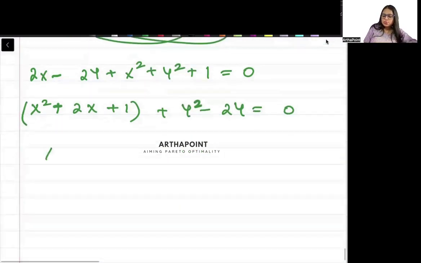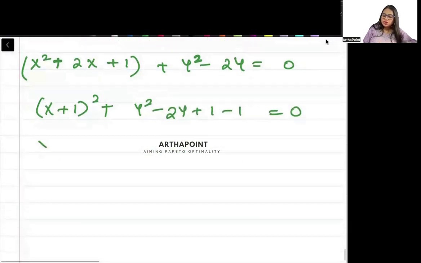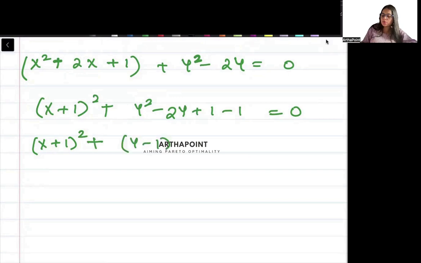And now what I can do, this will be simply x plus 1 whole square, and this will be y square minus 2y. I will add 1 and subtract 1, equal to 0. So x plus 1 whole square plus y minus 1 whole square is equal to 1.